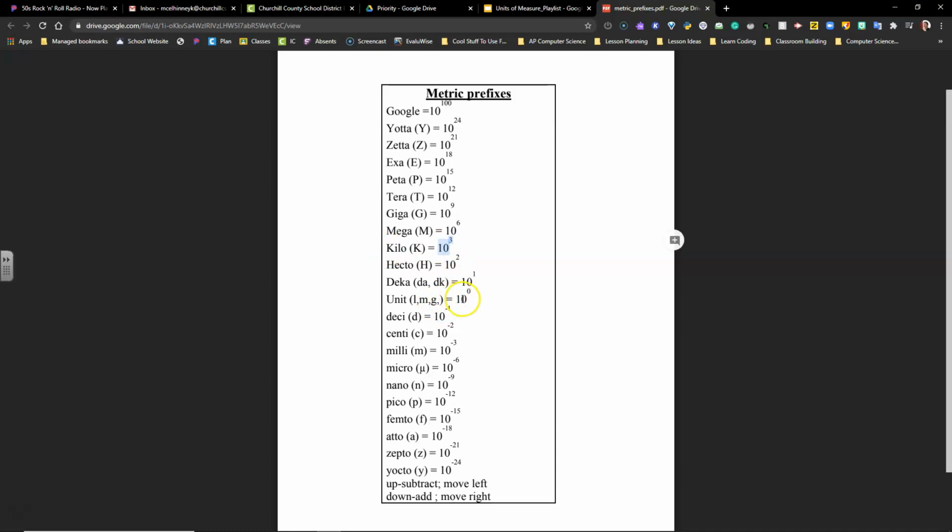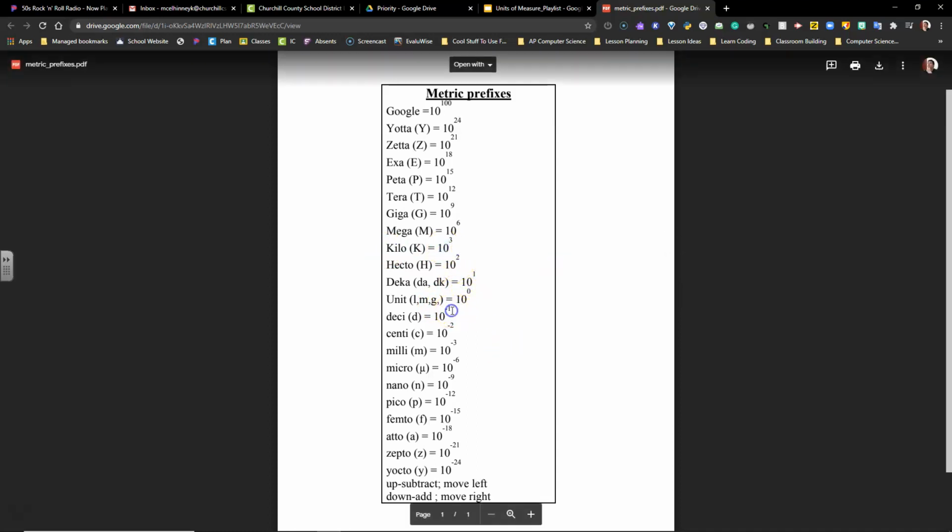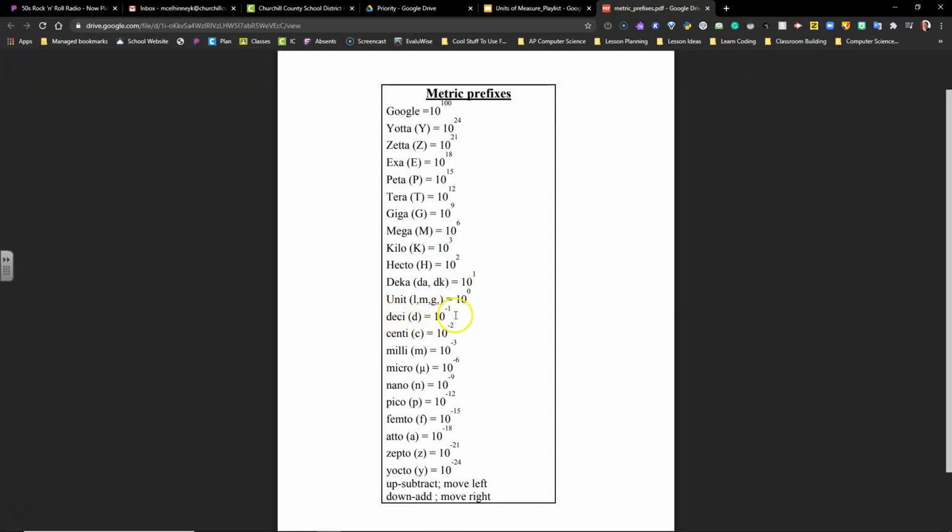And so 1,000 grams is equal to 1 kilogram. Okay, and then going the other way, these are moving the decimal place in the opposite direction. So 1 gram is equal to 10 decigrams, which is equal to 100 centigrams, which is equal to 1,000 milligrams. Okay, centi meaning 100, milli meaning 1,000. Okay. And we'll talk about this more when we talk about conversion.